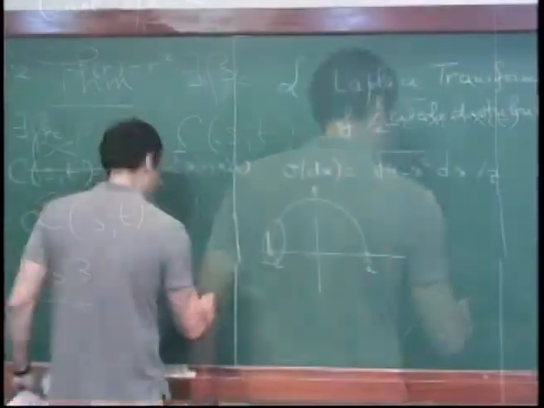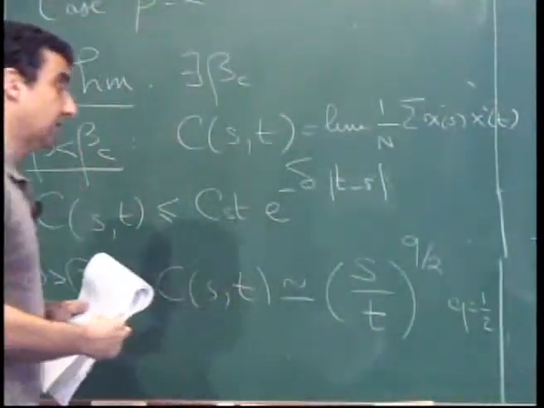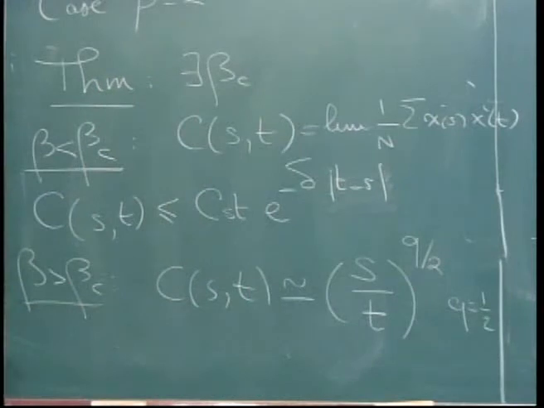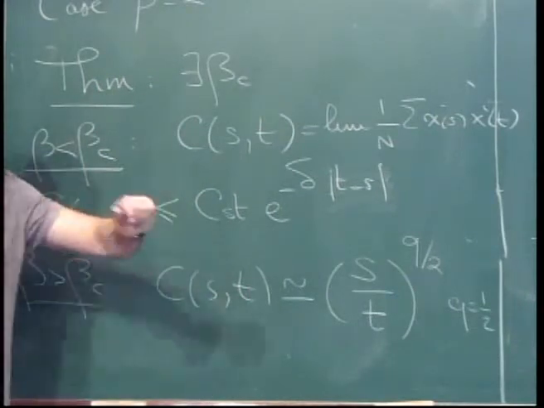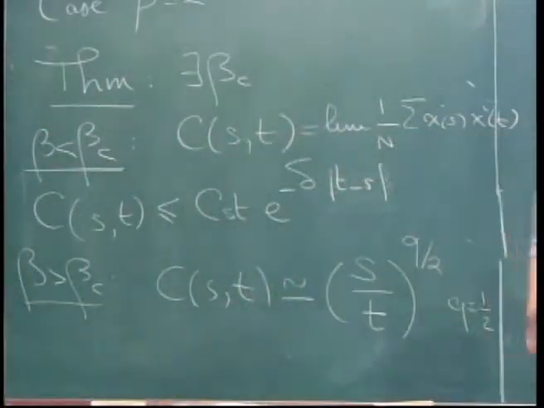Here this q is a half, if I'm not mistaken. So this is aging. This tells you the overlap at two different times is a function of the relative duration in terms of the age. It's s divided by t.